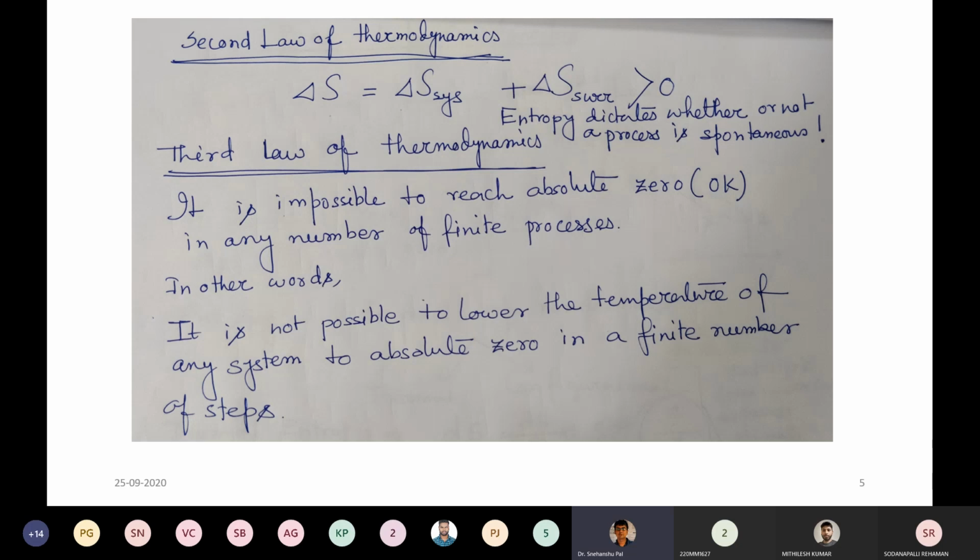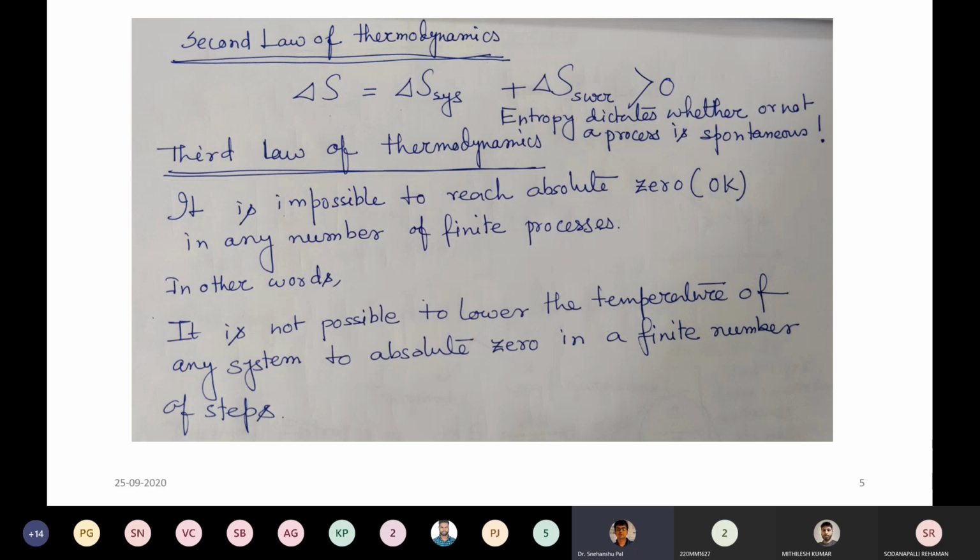And if you also consider the entropy of the surroundings and you sum that up, it will always be greater than 0. So the second law is telling that entropy always increases. That is the important statement I have represented here mathematically. So entropy dictates whether or not a process is spontaneous.